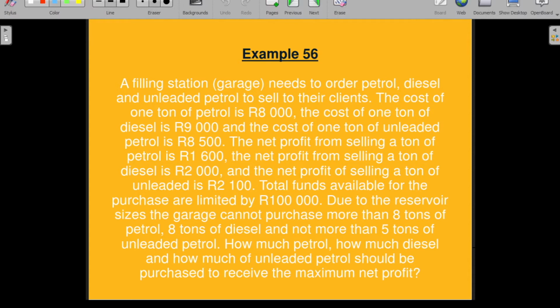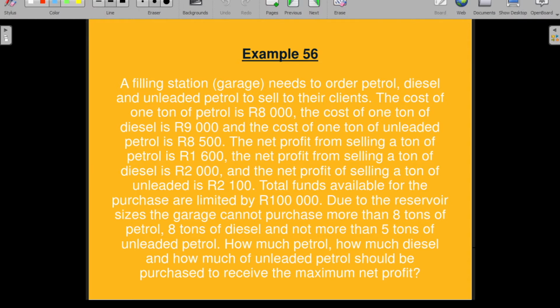The net profit from selling a ton of petrol is 1,600. The profit for diesel is 2,000 rands, and the net profit for selling a ton of unleaded is 2,100 rands.